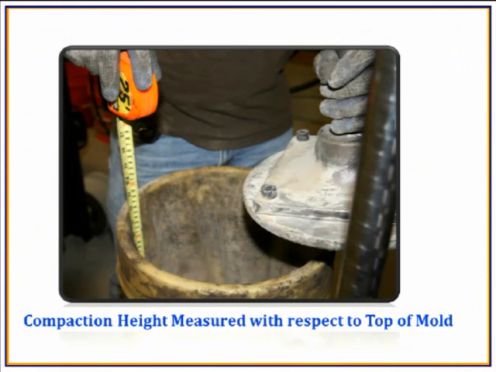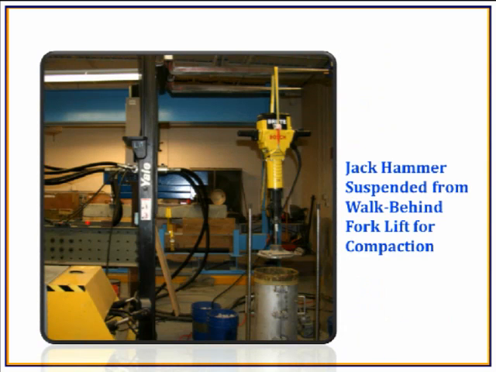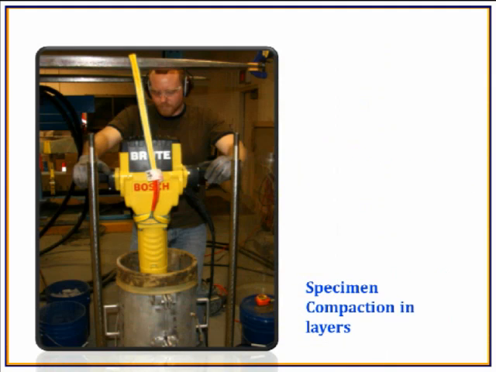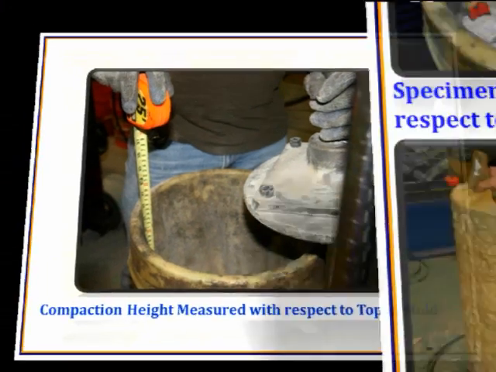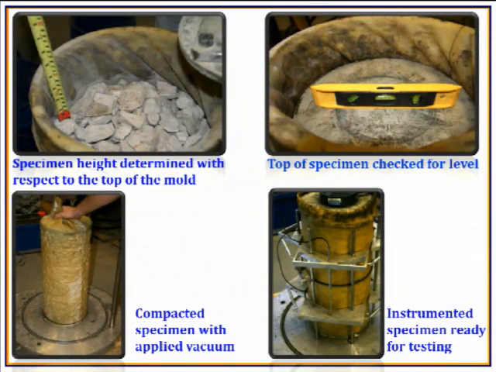Each layer compaction consists of 4 seconds of pulsing with that jackhammer. After compacting each layer, we also check the specimen height. When we are finished with compacting the whole specimen, the 24-inch or 300 millimeter specimen, we also check the top of the specimen for level.